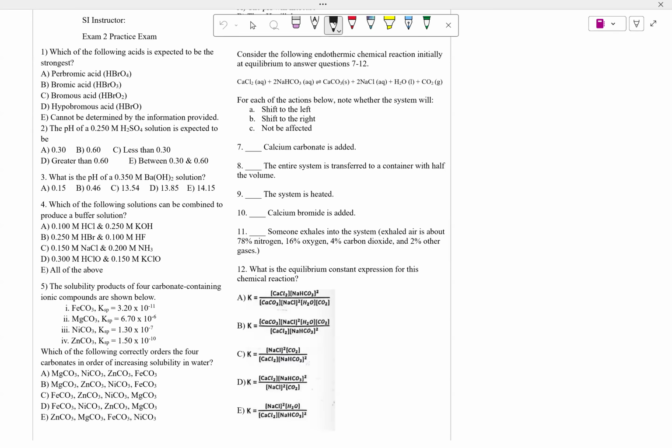Only its first dissociation is full. The second hydrogen is not strong, so you're not going to get full dissociation.